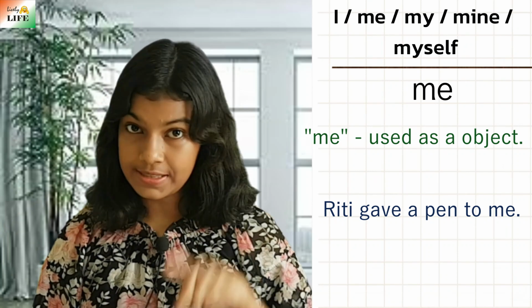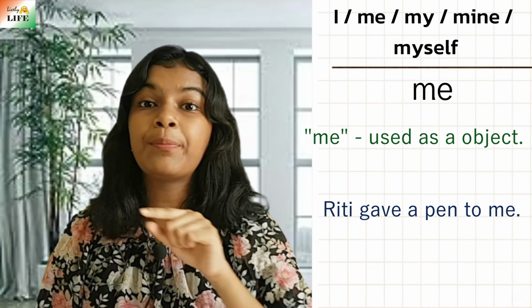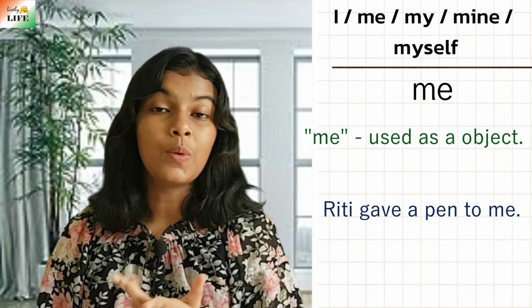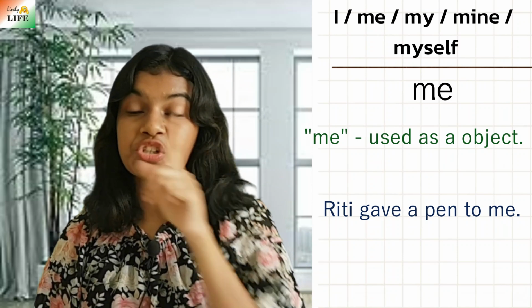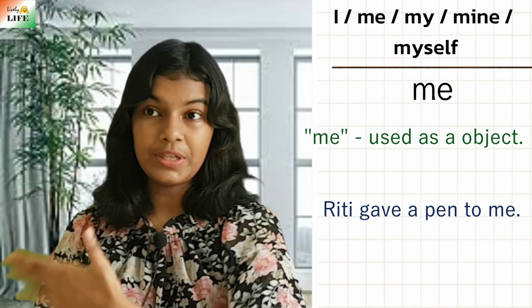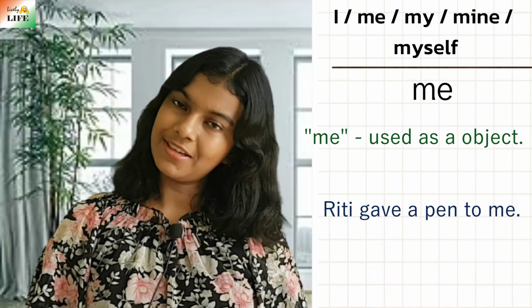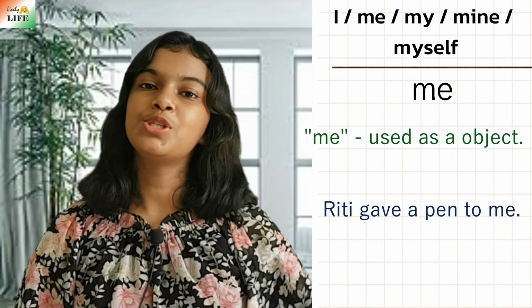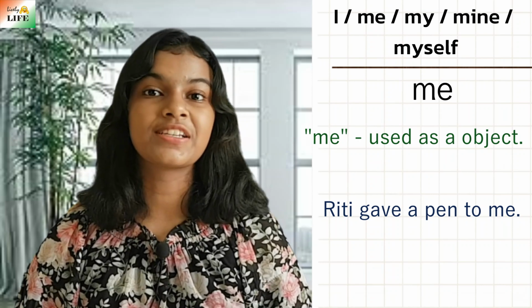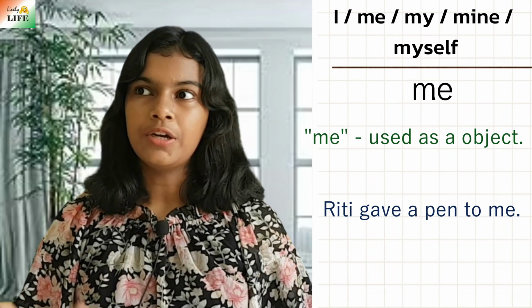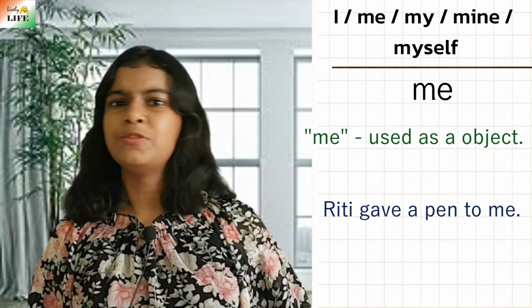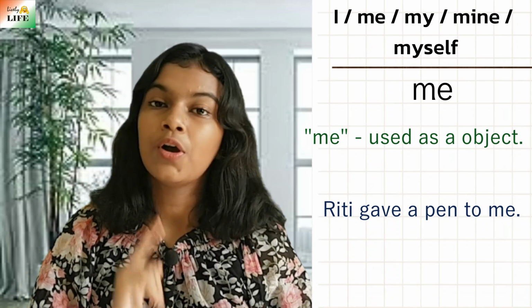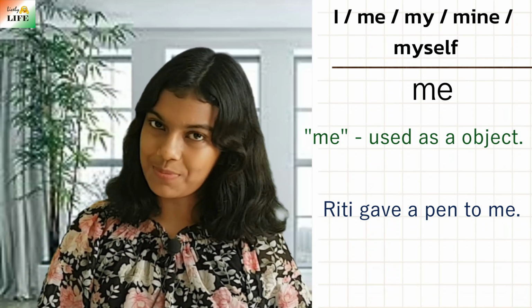But in this sentence, Riti gave a pen to me, what is the object? Me is the object. Riti gave me a pen. Here we don't use I. Riti gave a pen to I? No, this is completely wrong. We use me as the object.